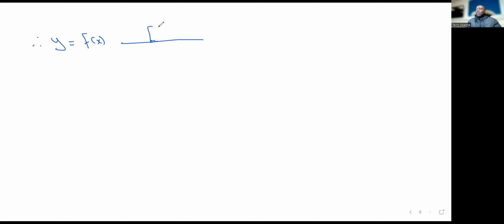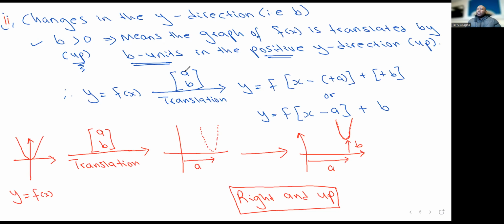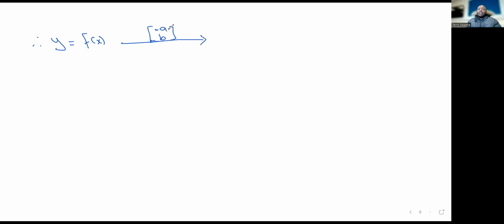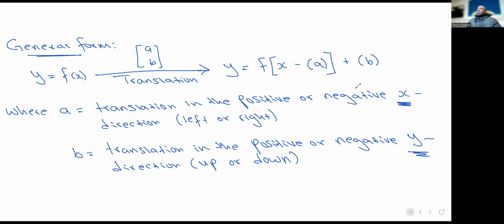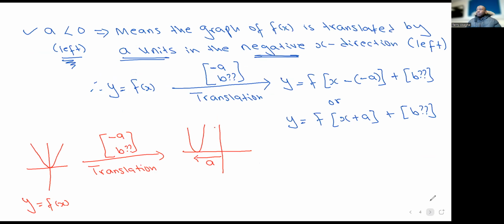But in this translation, A is going to be negative and B is positive, because the last one we talked about, A is positive and B is positive. So it's also possible that A is negative and B is positive, and it's still a translation. In the general form, the A in this bracket is going to be negative, and the B is going to be positive.